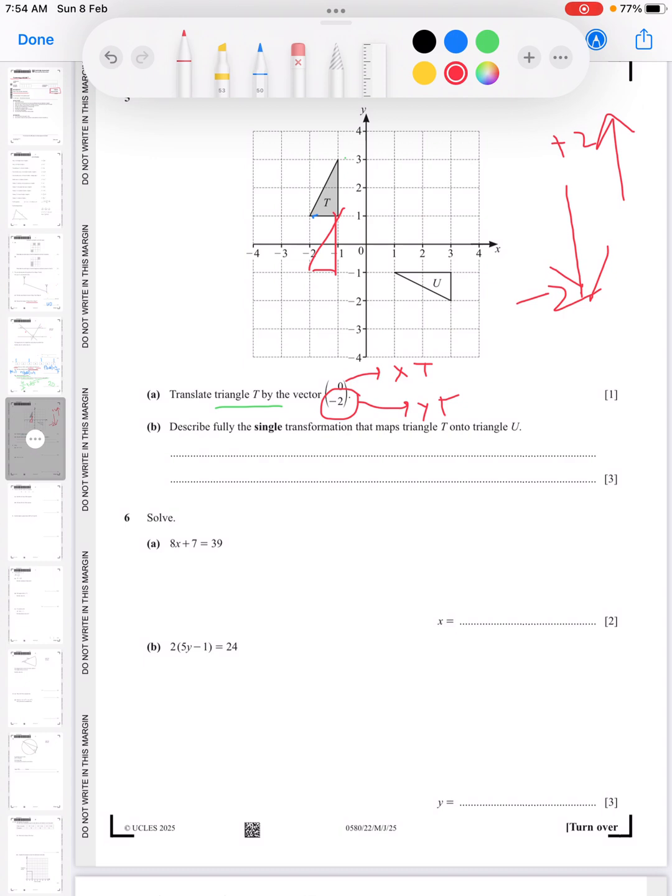Now describe fully the single transformation that maps T onto U. You can use the tracing paper for this one. Basically we need to place T onto U. You observe that if we rotate it in the anti-clockwise direction, it will come like this.